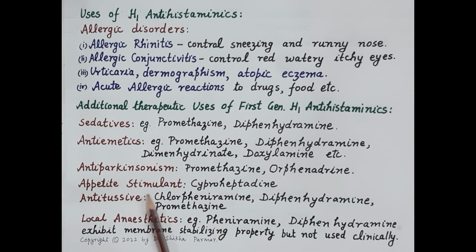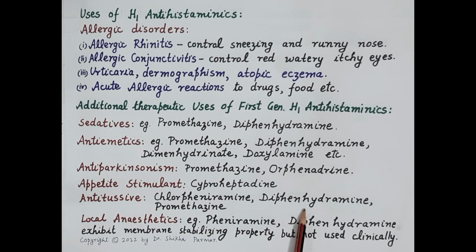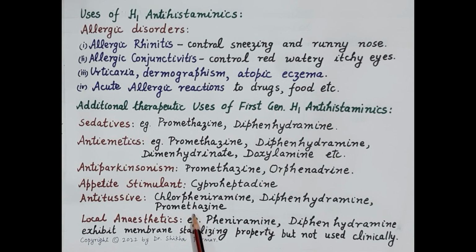Some conventional H1 antihistaminics like chlorpheniramine, diphenhydramine, promethazine are added to antitussive or expectorant formulations. These drugs possess no expectorant property but provide relief in cough due to sedative and anticholinergic properties.